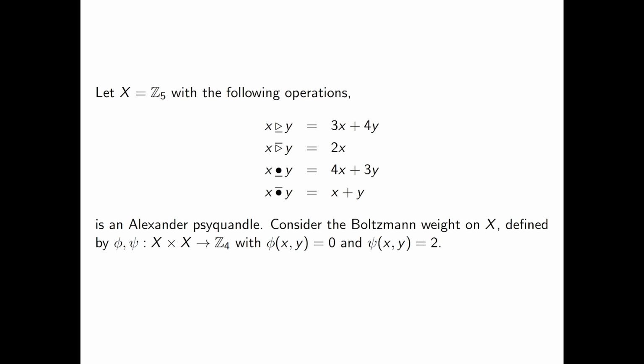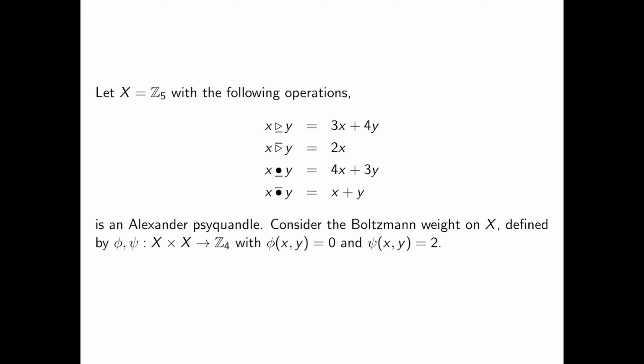So in the following example, we're going to be picking the following Psyquandle structure on Z5. So Z5 is going to be our set, and the operations that we're going to be defining are the following. So here we're picking an Alexander Psyquandle, so we have nice expressions for our operations.